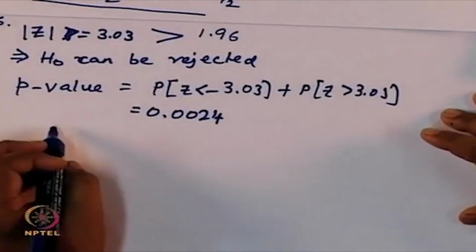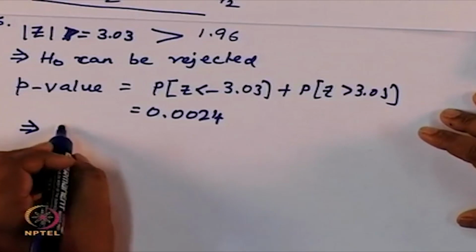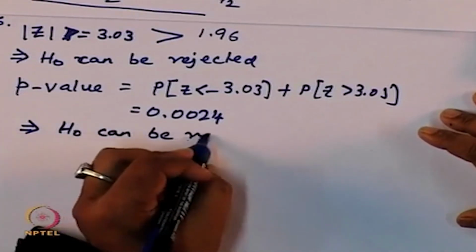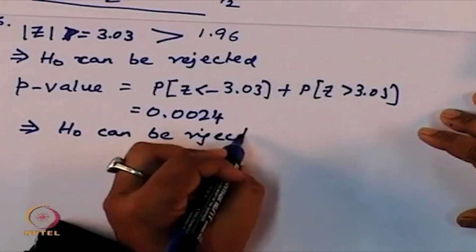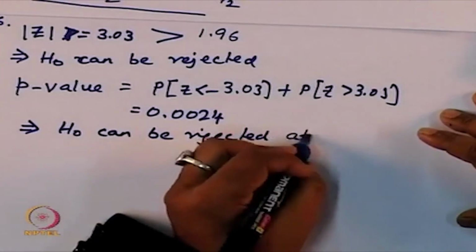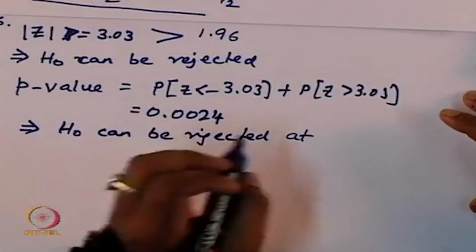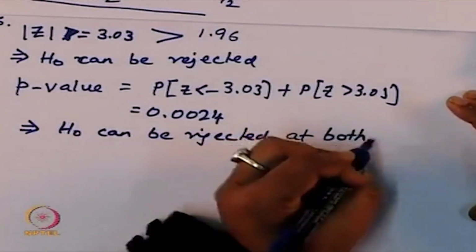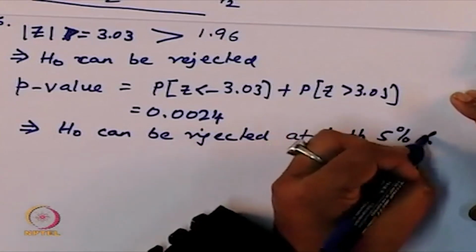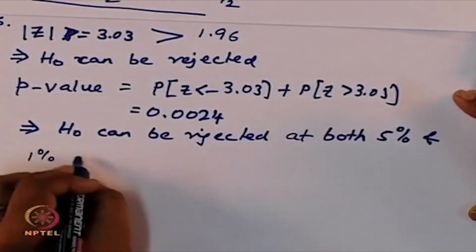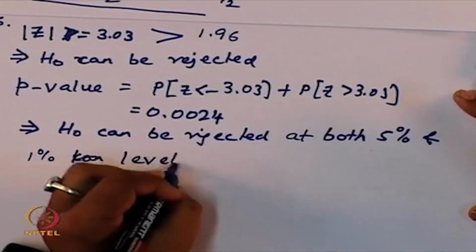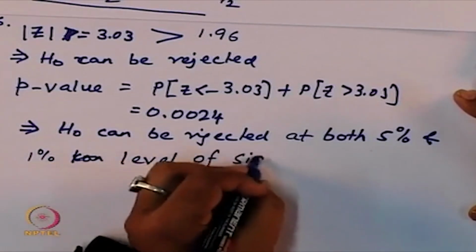So, this tells us that H naught can be rejected at both the 5% and 1% levels of significance.